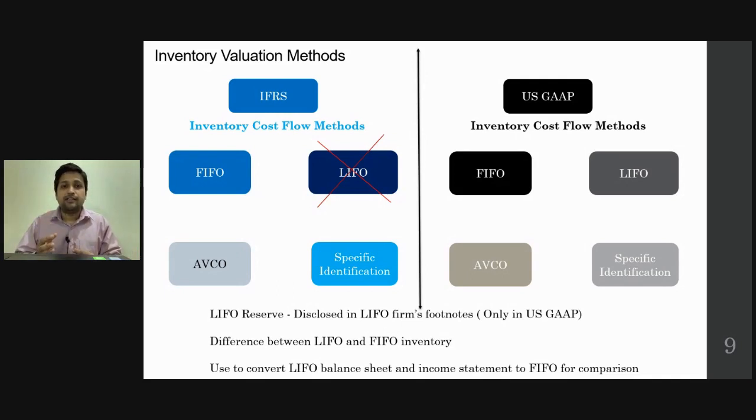Remember, IFRS prohibits the use of last in, first out. However, when you talk about US GAAP, all 4 methods, FIFO, LIFO, average method, as well as specific cost identification are permitted in US GAAP.